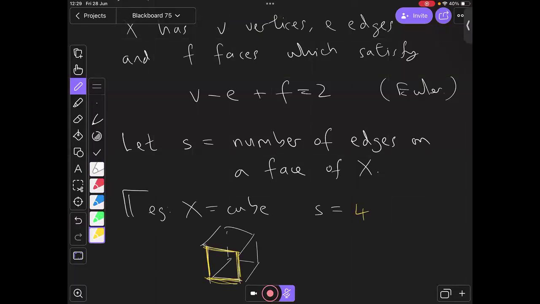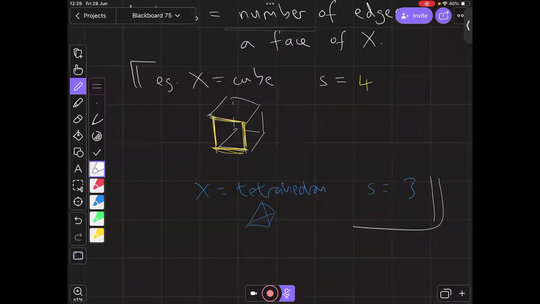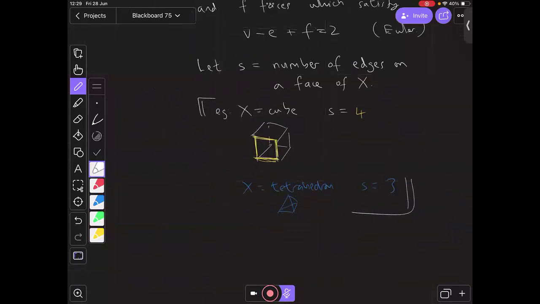If X was equal to a tetrahedron, what would S equal? 3, exactly. You understand what I mean by S? Yeah. So for each solid X, there is a number S, which is the number of edges on a face.